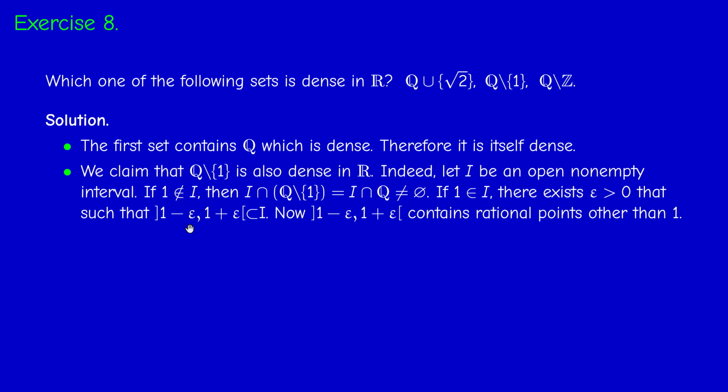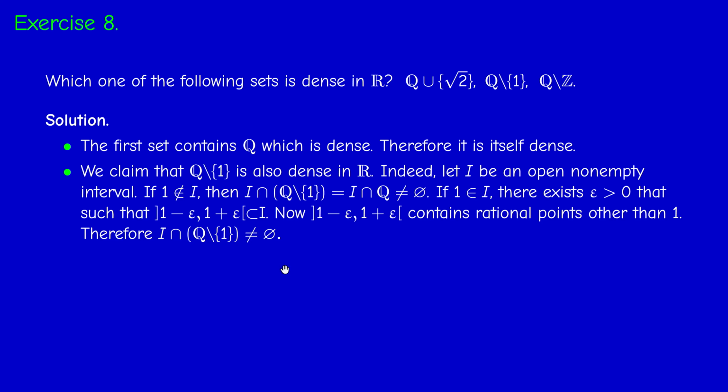Just take one different from 1, or if you'd like, take a rational number strictly between 1 and 1 plus epsilon. That rational number, call it y, is in I because it's in the interval, and it's different from 1, so it's in Q without 1. So the intersection is not empty.